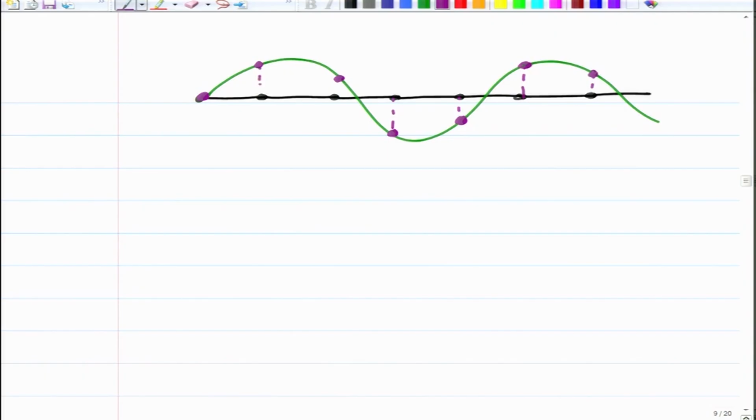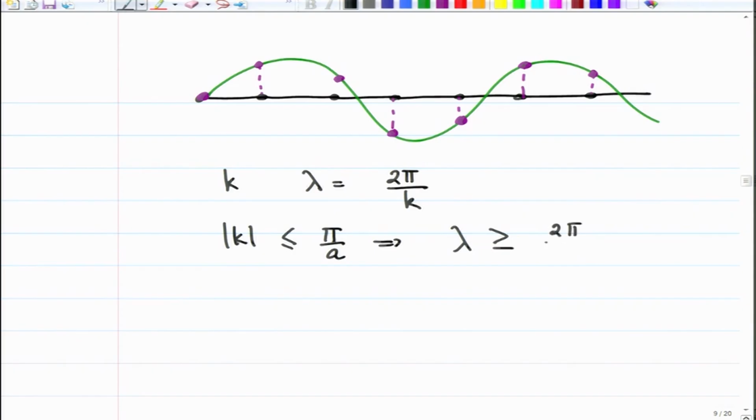What will happen if I take a k prime which is k plus 2 pi over a? Let us analyze it a little. When I take a k, the relevant lambda is 2 pi over k. When I say mod k is less than or equal to pi over a, this implies that lambda is greater than or equal to 2 pi over pi over a, that is equal to 2a.